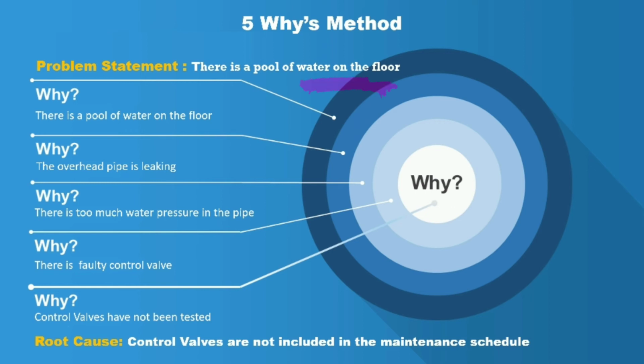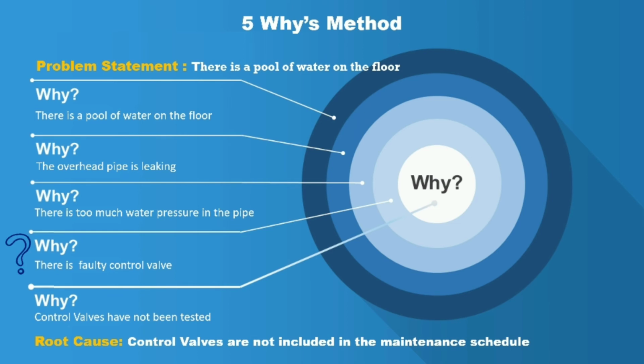There is a pool of water on the floor. So why there is a pool of water on the floor? Its answer can be because the overhead pipe is leaking. Again, why the overhead pipe is leaking? Because there is too much pressure in the pipe. Why there is too much water pressure in the pipe? Because there is a faulty control valve.